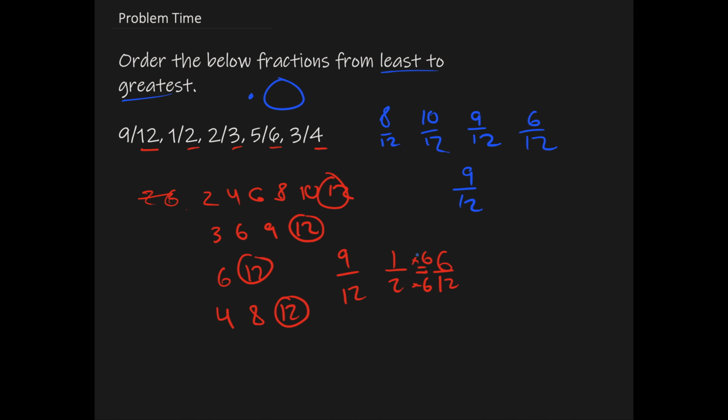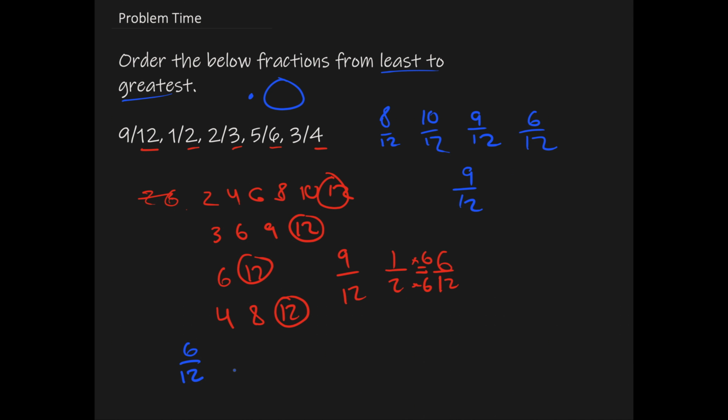Now we have to order them from least to greatest. Since they're all in the same denominator, it's just a question of which numerator is the greatest and least. It looks like 6 is the smallest numerator out of them all, so we have 6 twelfths. Next, 8, 9, and 10.